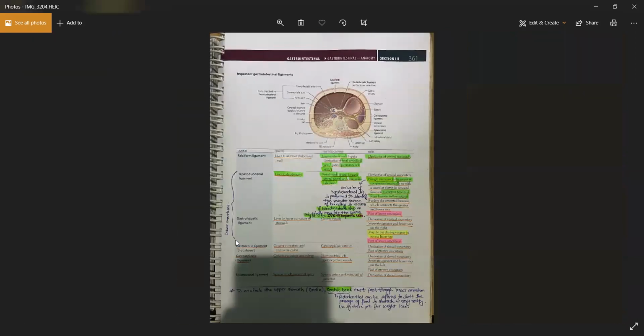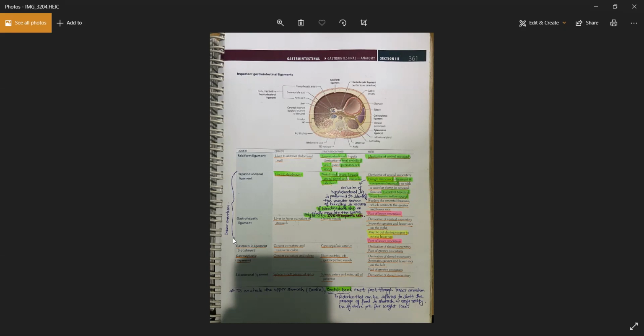Okay, so these are the six ligaments that you must remember. One is the falciform, the anterior one between the anterior wall and the liver. The lesser omentum, which has two parts, the hepatoduodenal part and the gastrohepatic part. It contains the gastric vessels as well as the portal triad. Pringle maneuver, must remember thing. Then the gastrocolic ligament that contains the epiploic arteries, the gastrosplenic ligament that contains the left gastroepiploic arteries, and the splenorenal ligament which contains the splenic vessels.